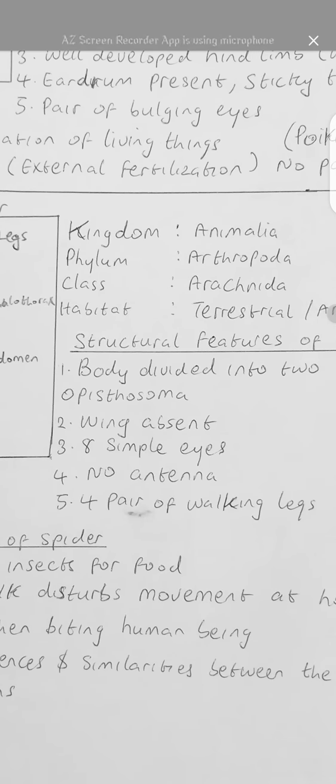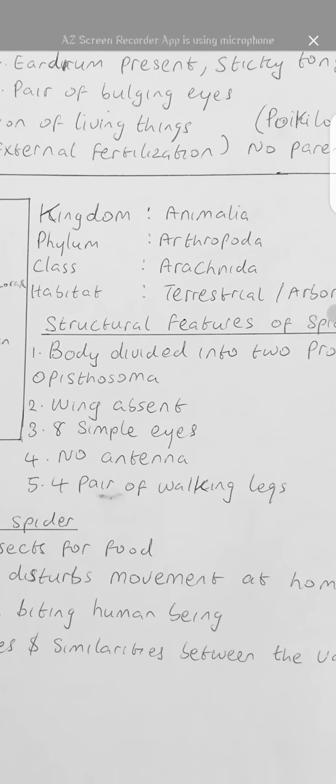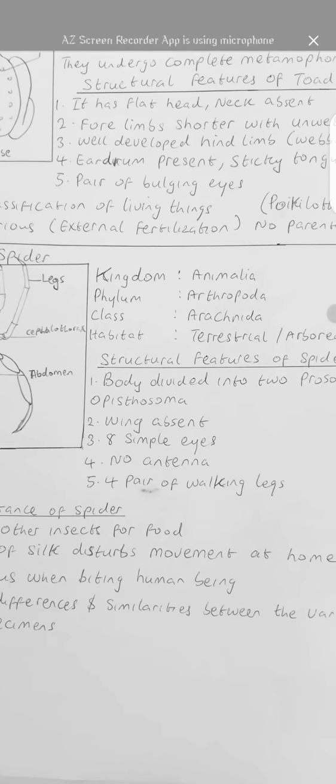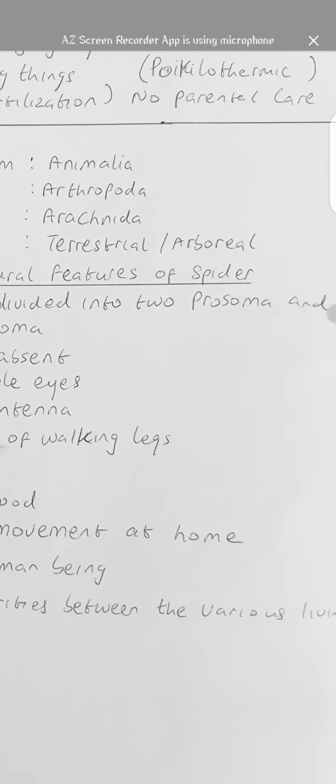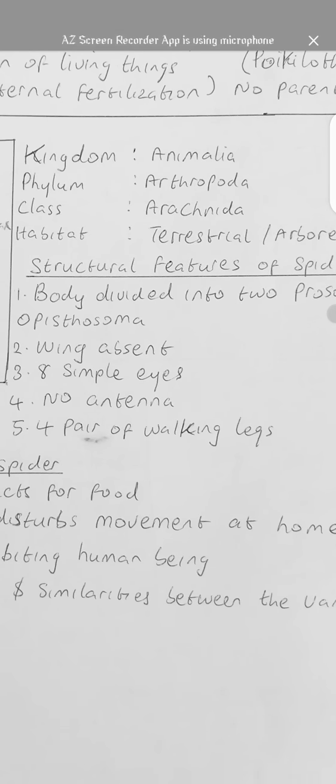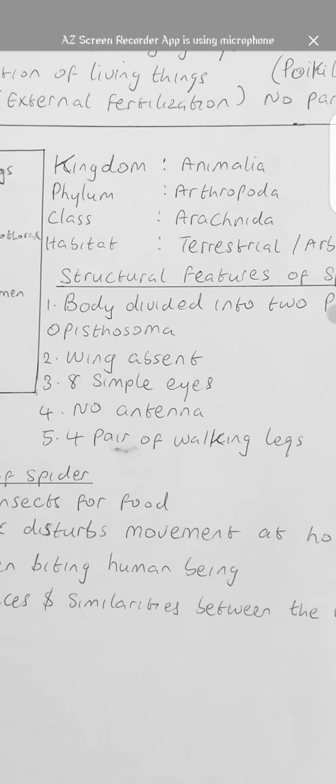Okay, let's look at the structural features of spider. Number 1, the body is divided into 2, like I said. Let me zoom in. The body is divided into 2, the prosoma and the opisthosoma. If you forget that, you can just say the body is divided into 2 to make it easy.